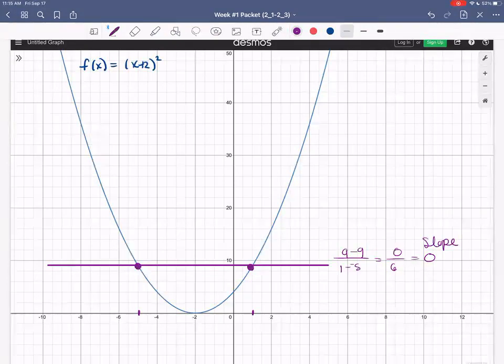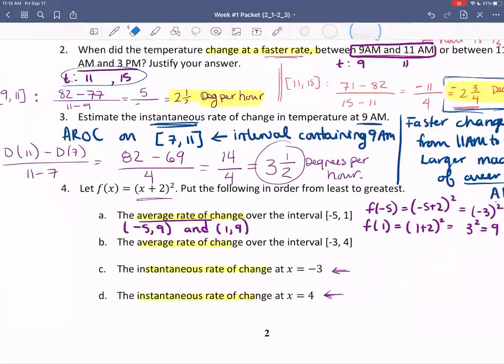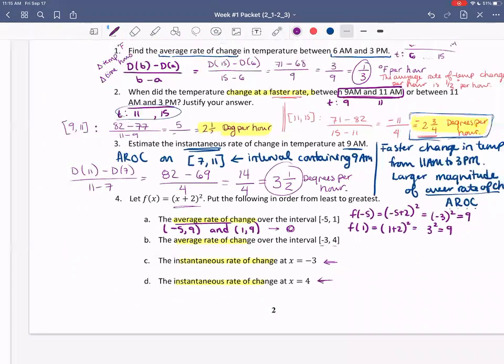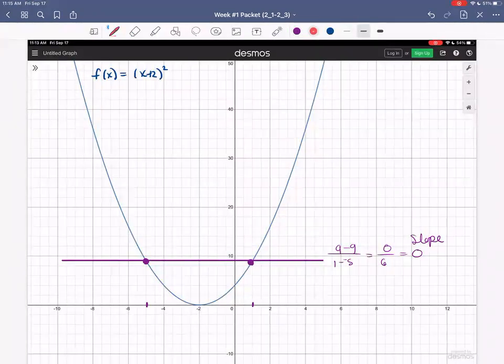All right. So now the next interval, or maybe we should just keep track of this. So average rate of change over this interval is 0. Average rate of change over the interval -3 to 4. So we can just look over to our graph to find this secant line. So at -3, our graph is here, or the output, f of x, is about here, at about 1.